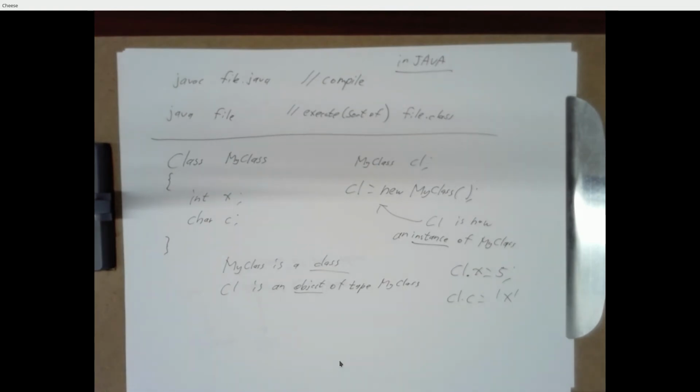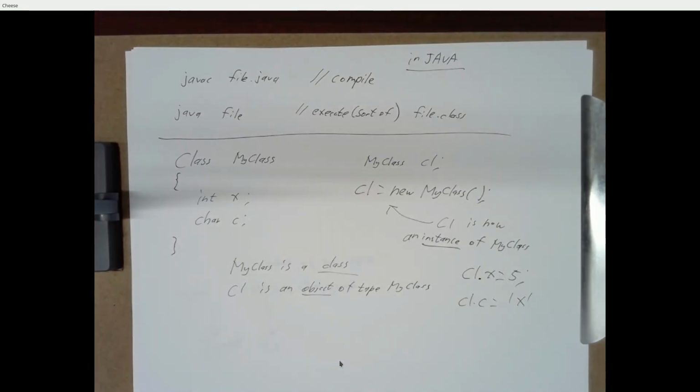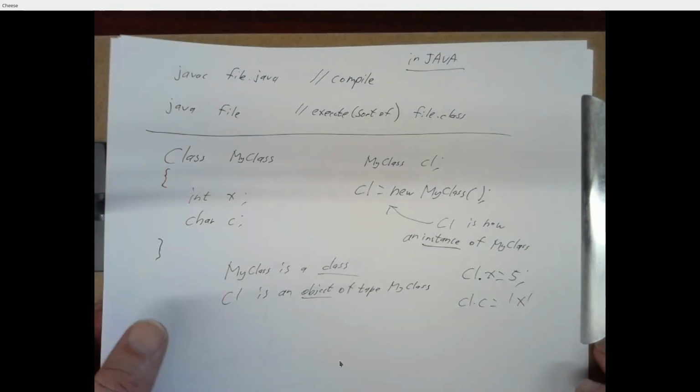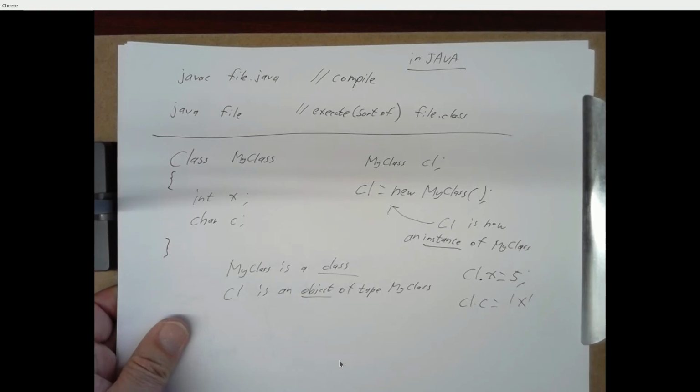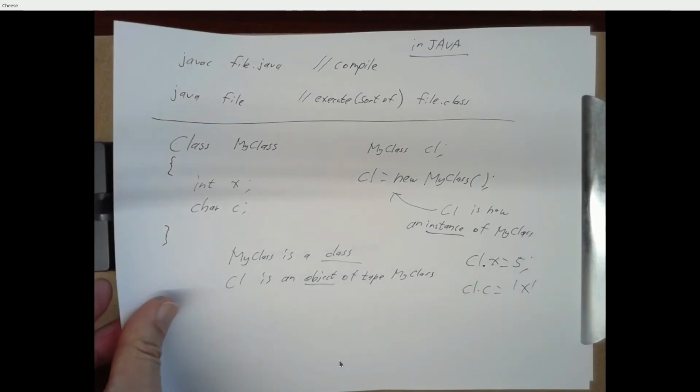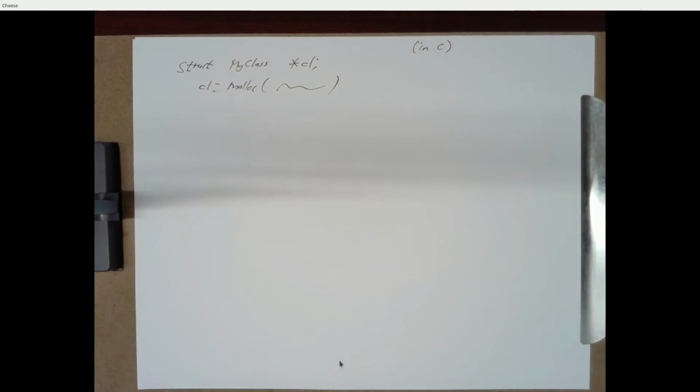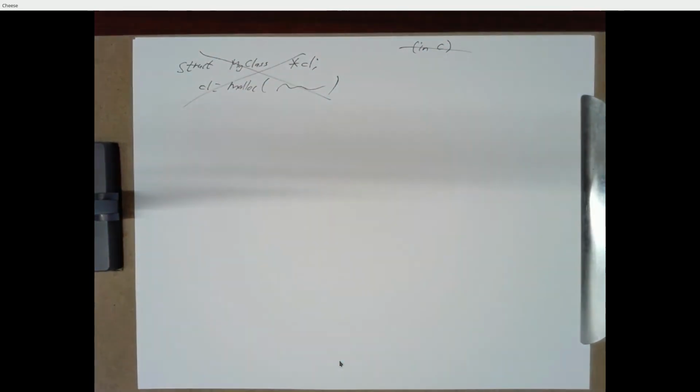So up to this point, classes and objects can feel sort of like structures and pointers to structures that we were doing in C. And we're still not very object-oriented in that mindset. Get rid of that, because we're not going to do mallocs.